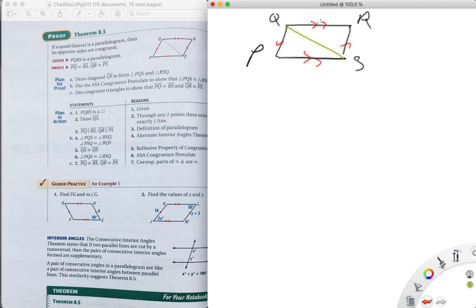Since we know that these guys are parallel, then I can say that this guy is parallel to that guy, and I can say this angle is congruent to that angle. And then I have enough to say that these guys are congruent because of angle side angle, and then corresponding parts are congruent.